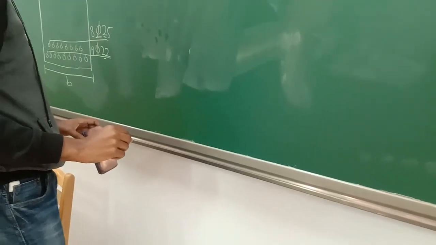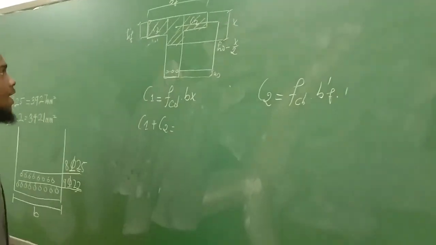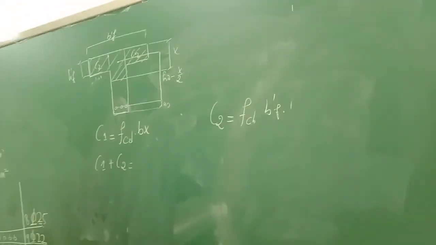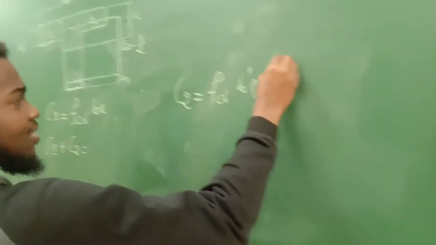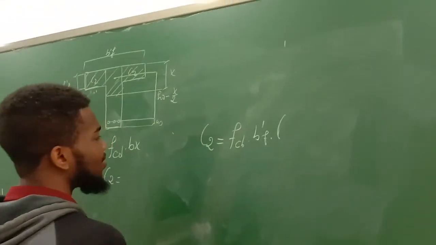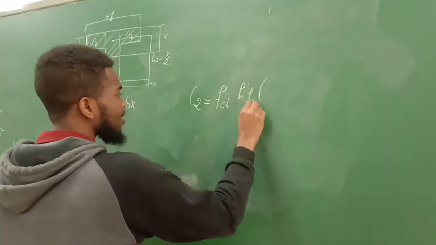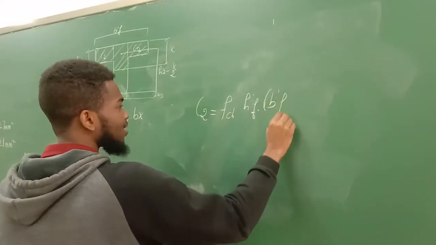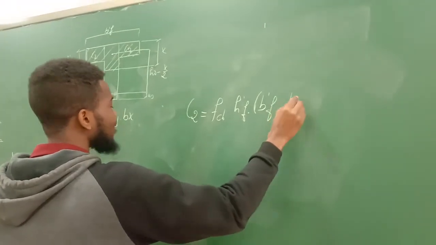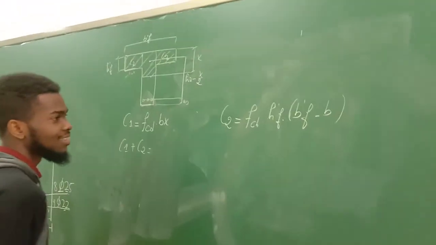So the area of these two parts, how to calculate? You won't multiply them directly. You bring the bracket, and it will be BF prime minus B, times HF prime.